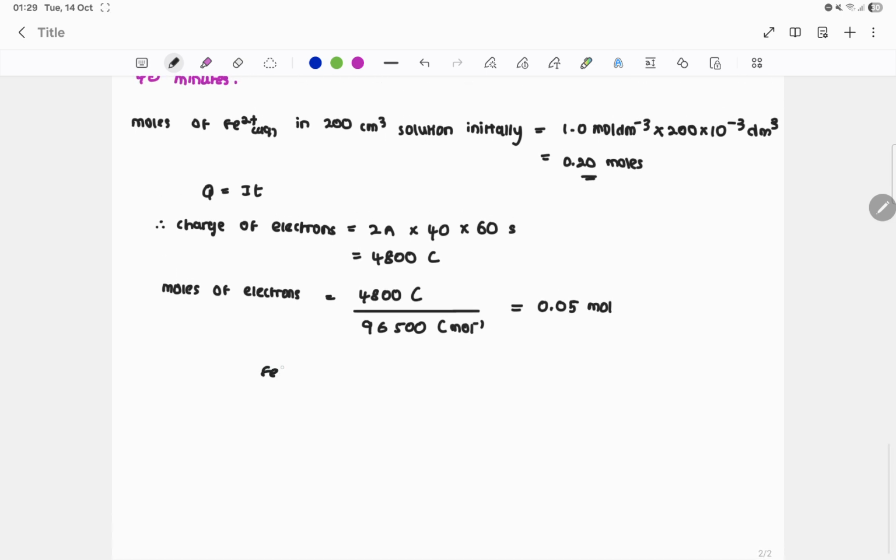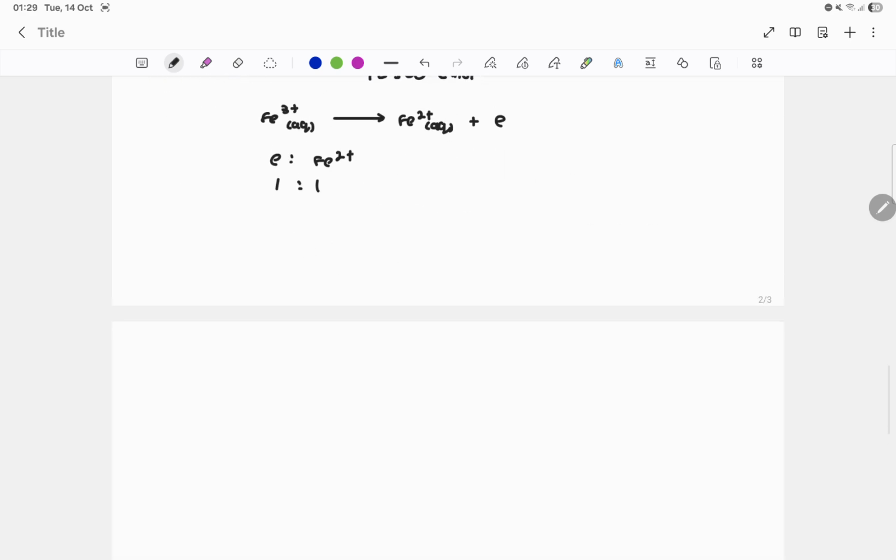So Fe3+ goes to Fe2+, plus electron. Electron to Fe2+ is 1:1.